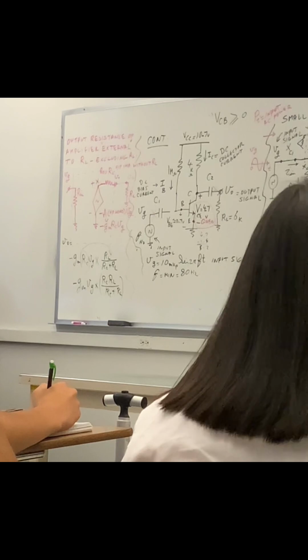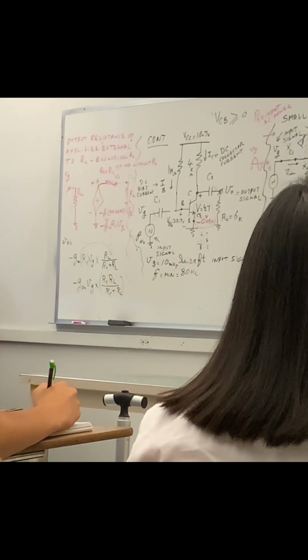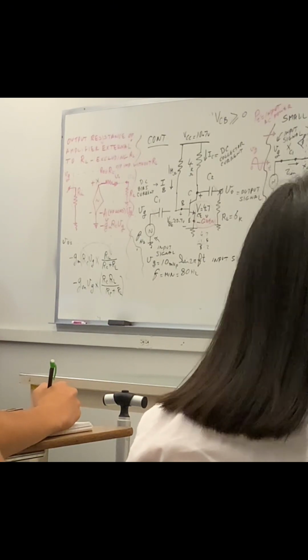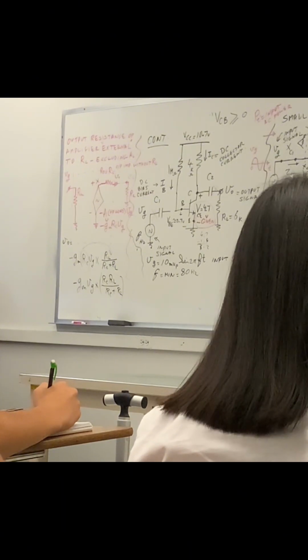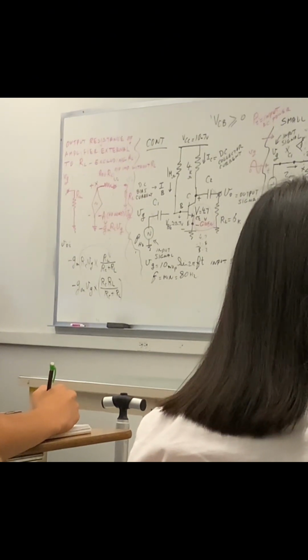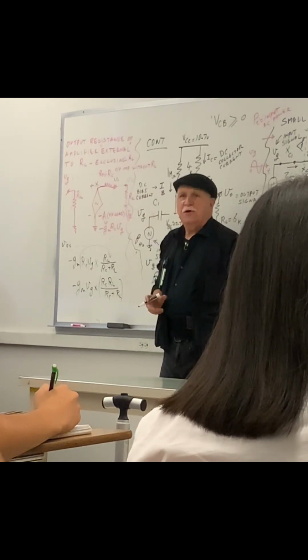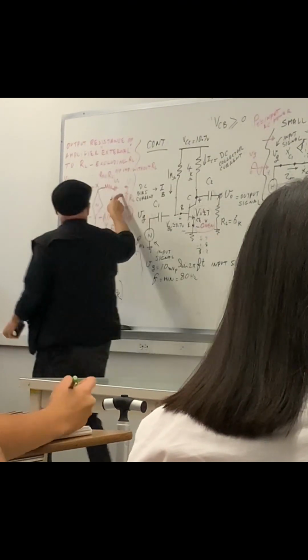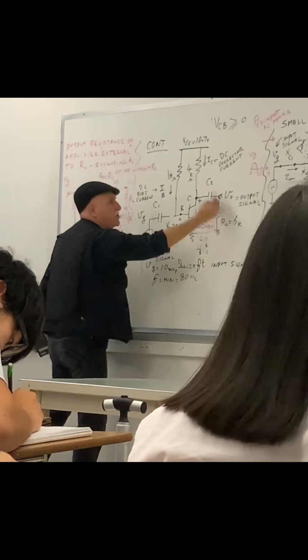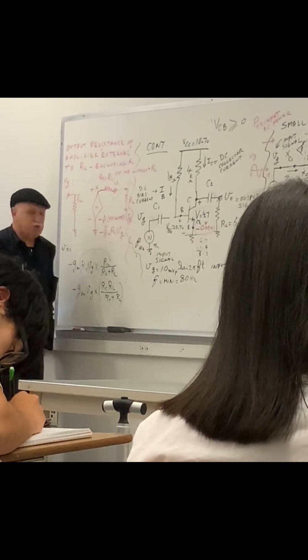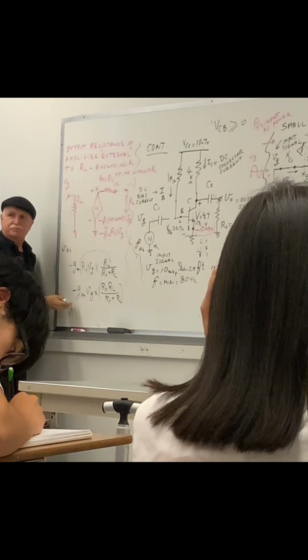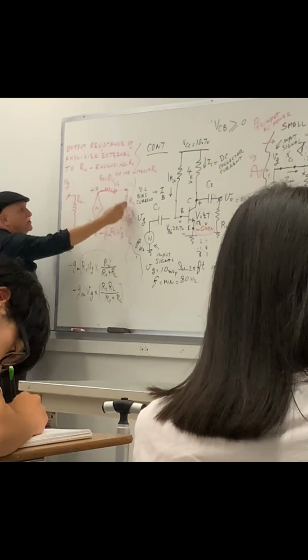It's already included in it. If you want to know what would be AV without the RL, simply put RL equal to infinity, it will be just GMRC, which will come back into this one here. And then you can calculate in case a resistor comes in. Very simple. You will do this operation. Build it there and then calculate.